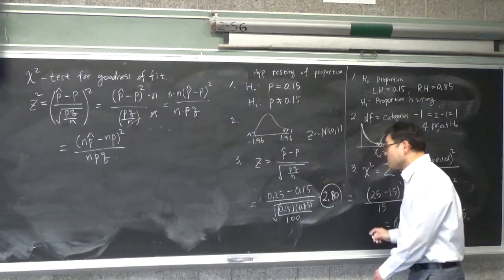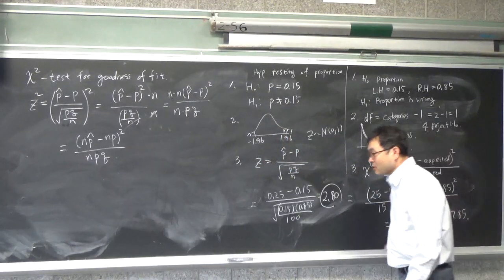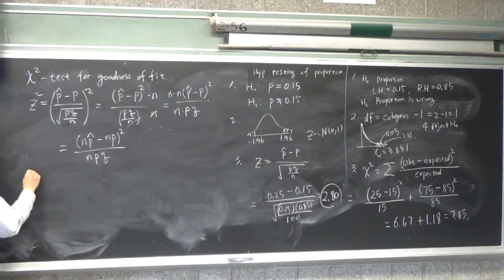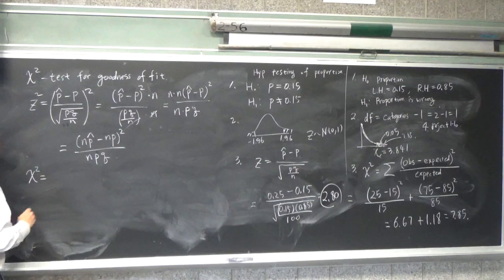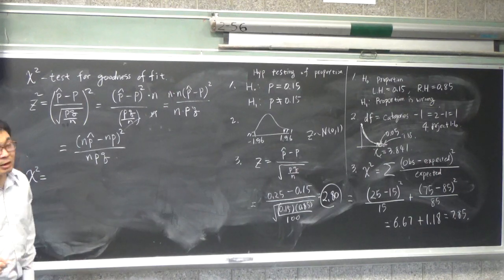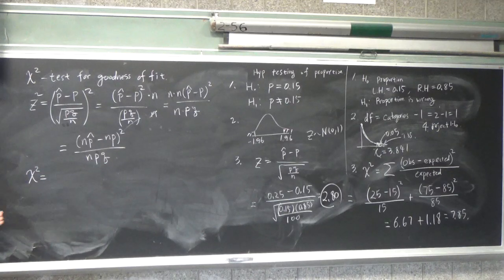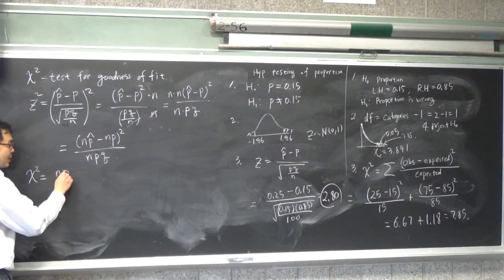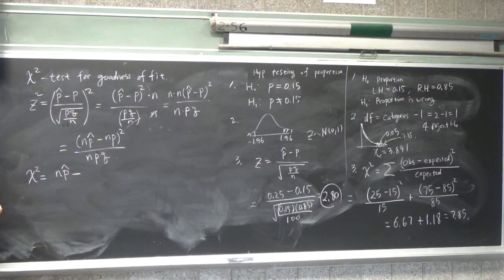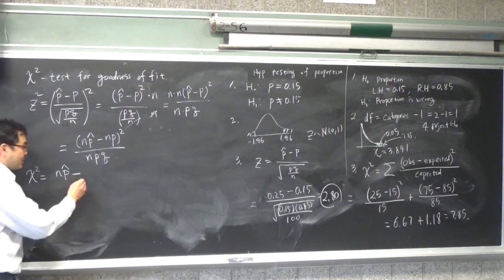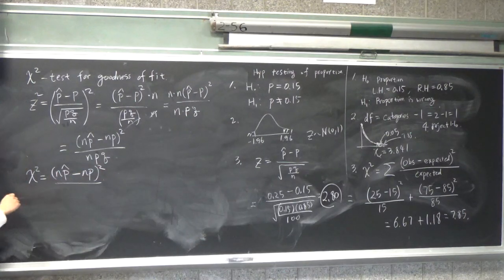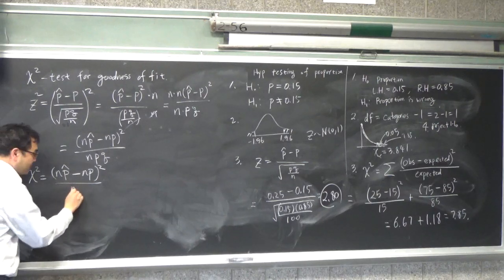Okay, this still doesn't look like the other chi-squared, so let's work on that one. Now let's work with chi-squared. First of all, what is the observed? As I said, observed is n times p hat. This gives you the observed quantity minus the expected quantity, np. You square that, and you're dividing by np.